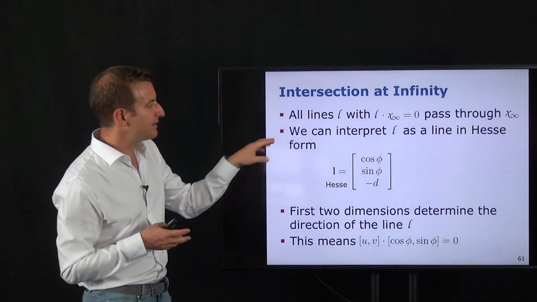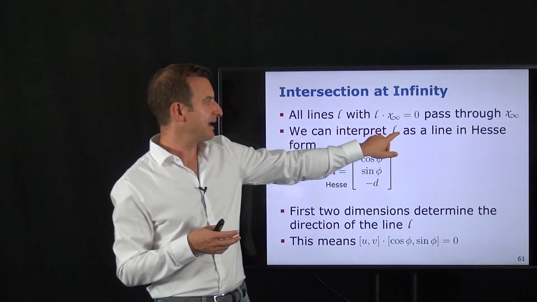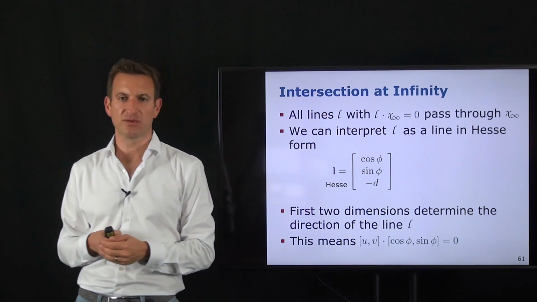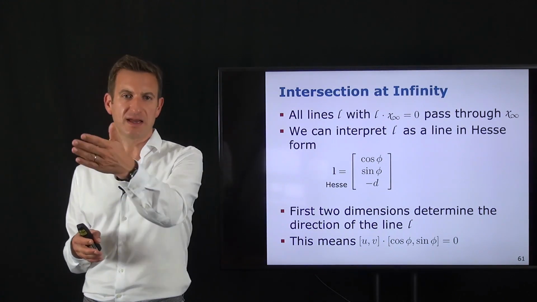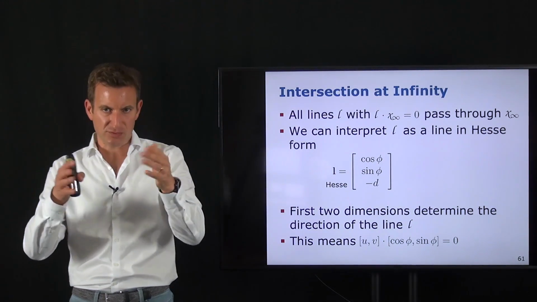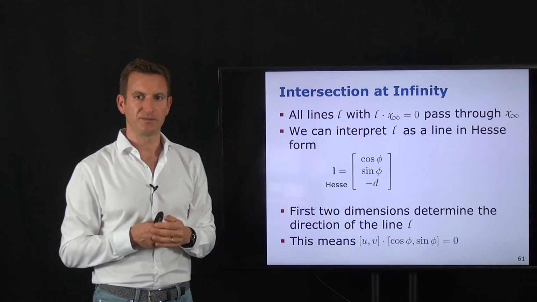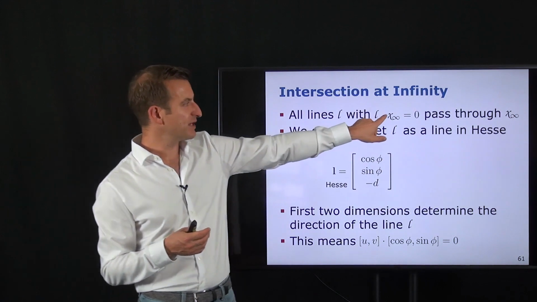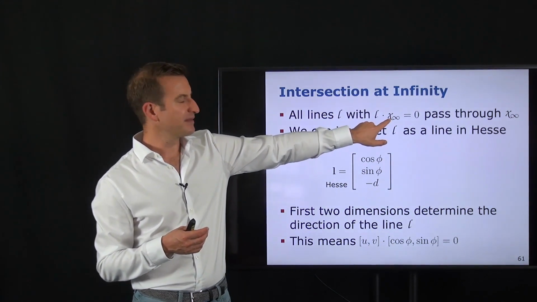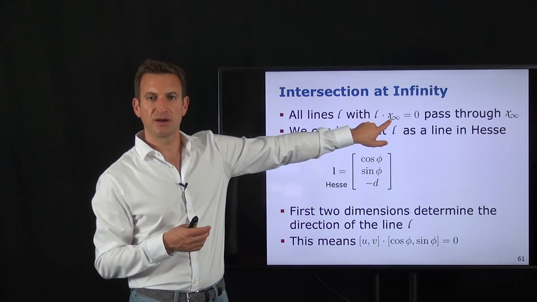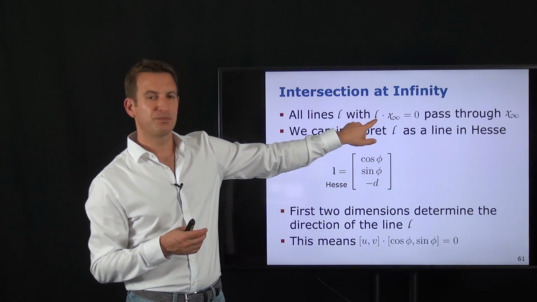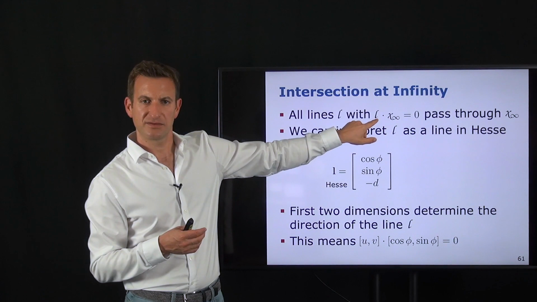If we interpret the lines in Hesse form, we have seen that the first two parameters of those lines tell me the orientation of the line. So what's the heading of the line? What's the direction? Where is this line going to? What this equation tells me, given that the last coordinate of the point x infinity is 0, is that the third parameter of this line doesn't really matter.